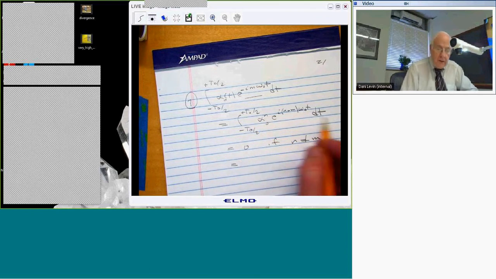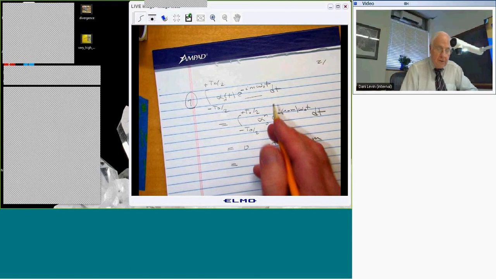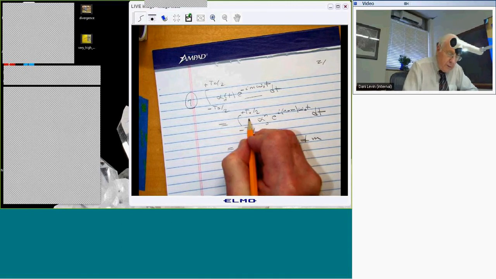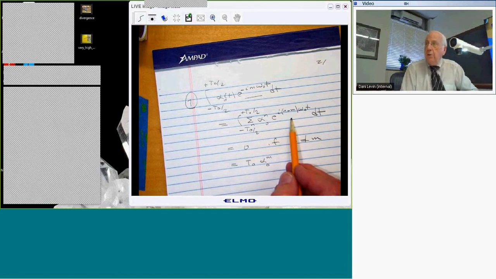So when I integrate with respect to time, I get a factor T naught over 2 minus minus T naught over 2, so I get T naught alpha naught m. By the way, there was a summation here, right? Sorry about that. That's important to recall. The point is, out of all these terms in the summation over n, the only one that survives is when n equals m. Okay?